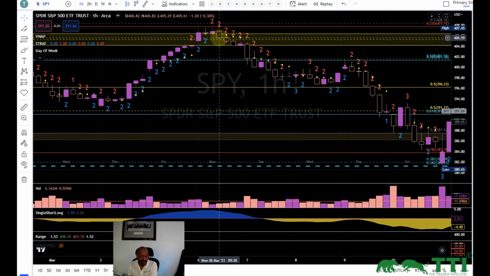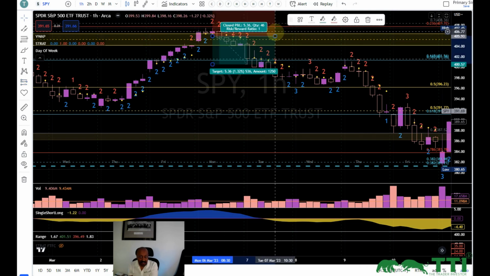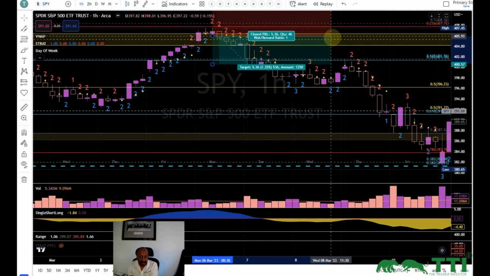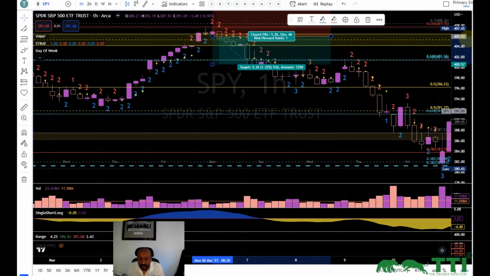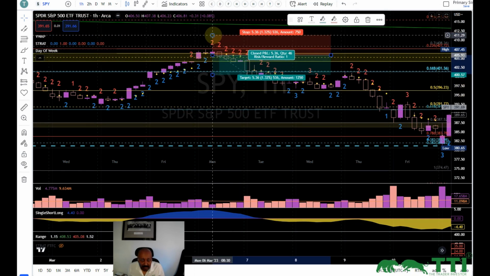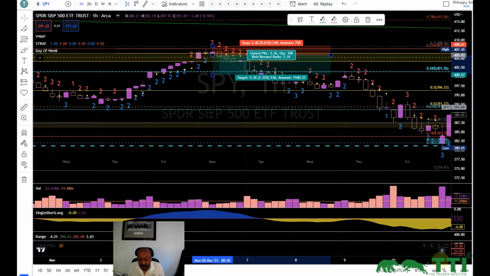It's true, because your stop is shorter at this moment. Your stop is shorter, so your 2x comes quicker for you. So this trade taken here, this trade taken here with a stop somewhere here.